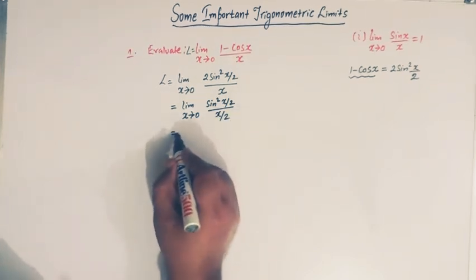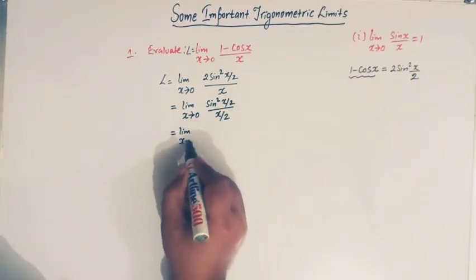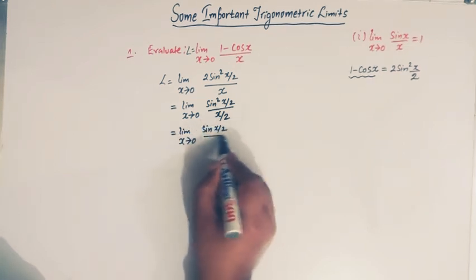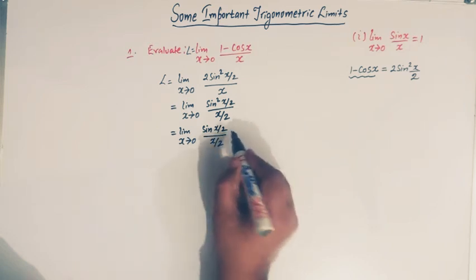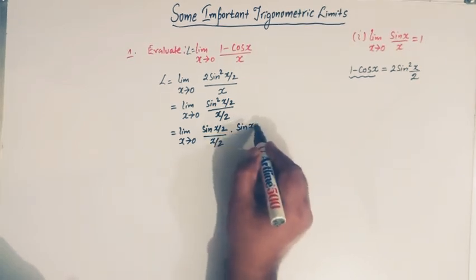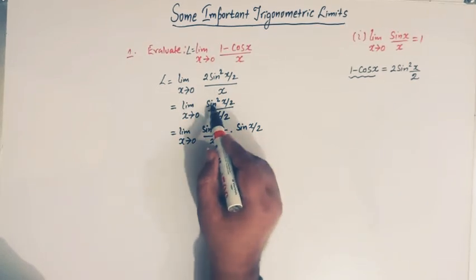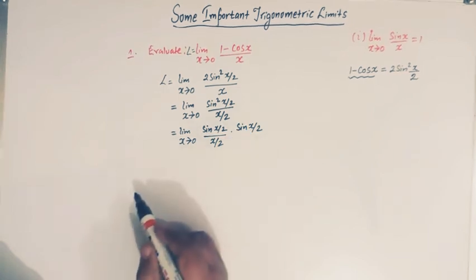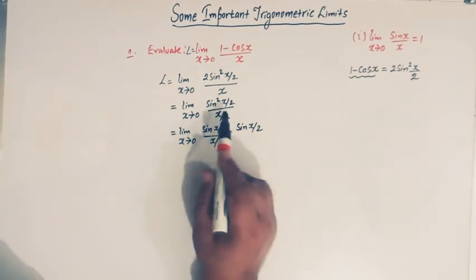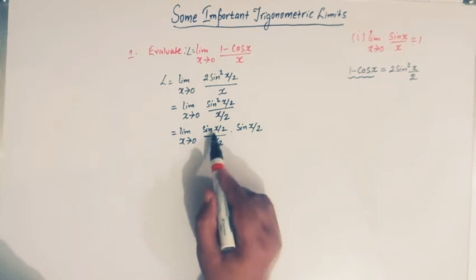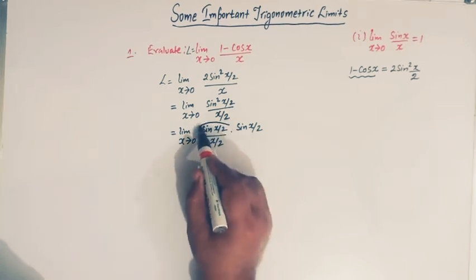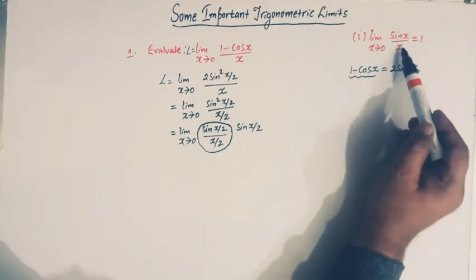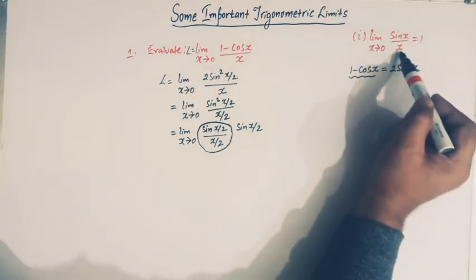Now this can further be written in the form sine x by 2 divided by x by 2 times sine x by 2. So we have written sine square x by 2 two times, because if we write sine square x by 2 in this form, then we see that this expression is identical to sine x over x.